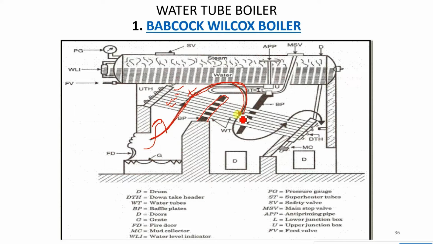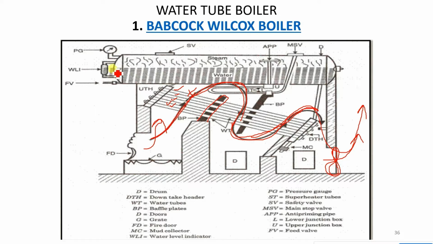Then from this end, it moves again in the upward direction, and finally it escapes to the chimney. Here there will be a damper which produces a suction-like effect, and the flue gases will move into the chimney.